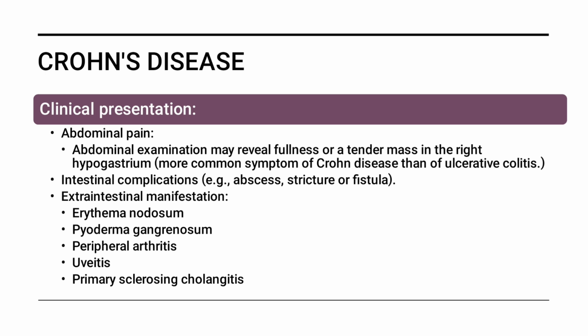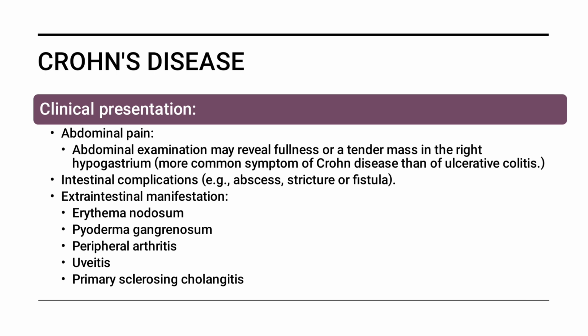So the clinical presentation: we have two types of symptoms, the abdominal symptoms and the extraintestinal manifestations. IBD can present with only abdominal symptoms. The patient can have chronic pain.